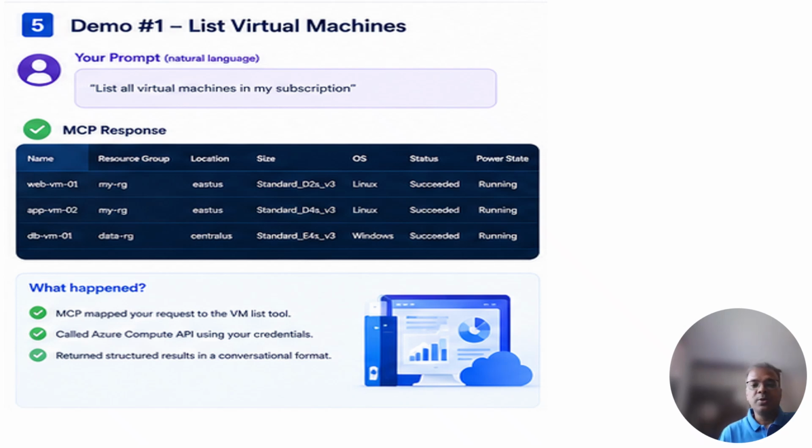So let's look at one of the scenarios. You want to find out, okay, how many virtual machines do I have in my subscription. So you just say, list all virtual machines in my subscription.